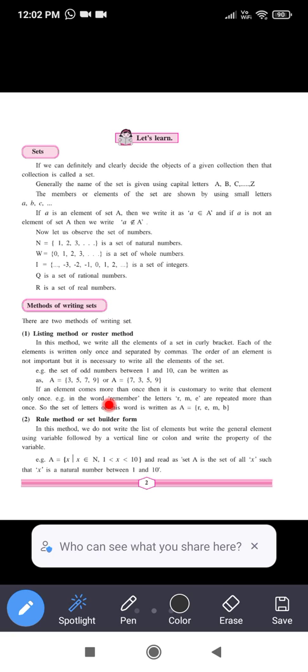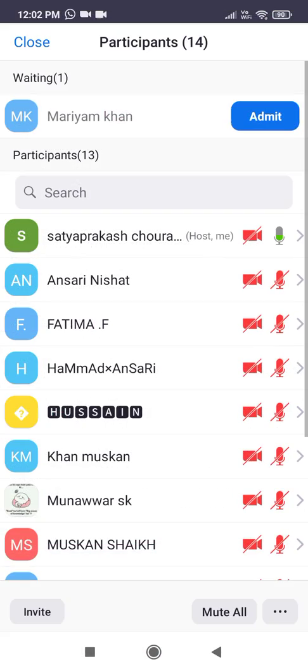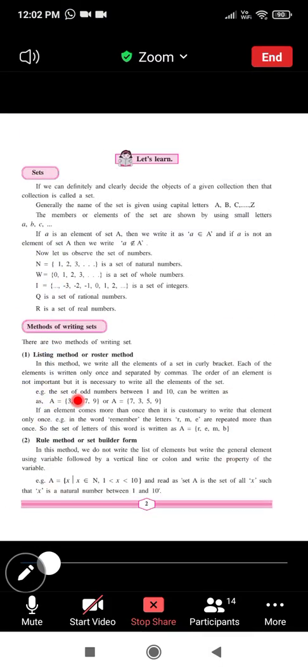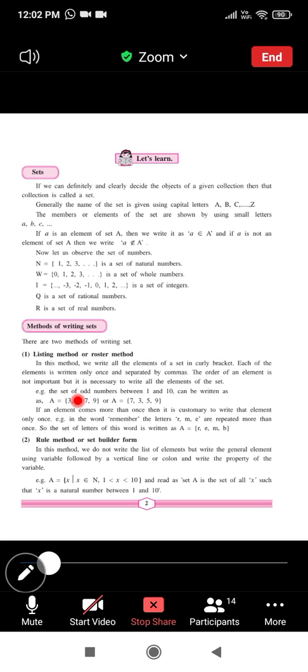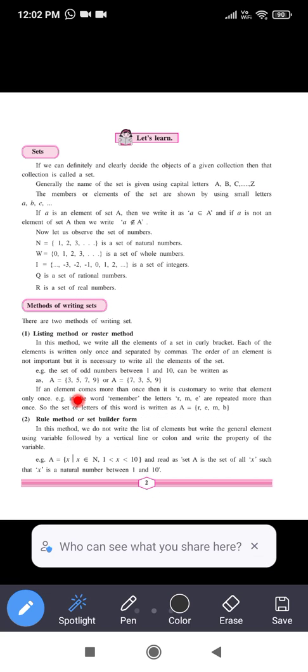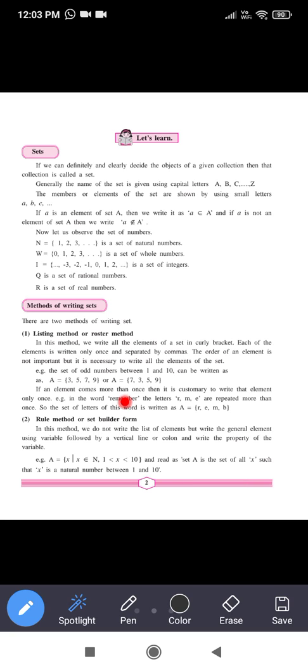Here order doesn't matter, but what matters is the number of elements. Between 1 and 10, the odd numbers are 3, 5, 7 and 9. Here 7 is written first and then 3, 5 and 9. Compare the elements: the odd numbers between 1 and 10 are the same in both sets, so there is no problem.